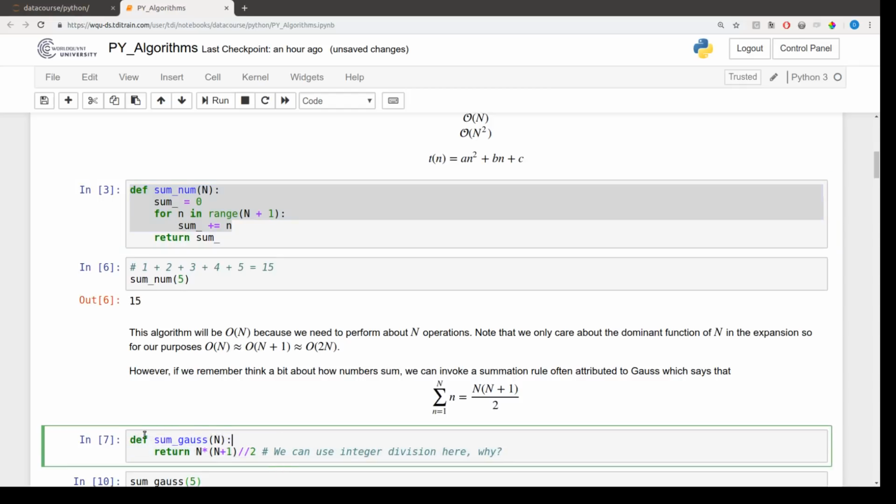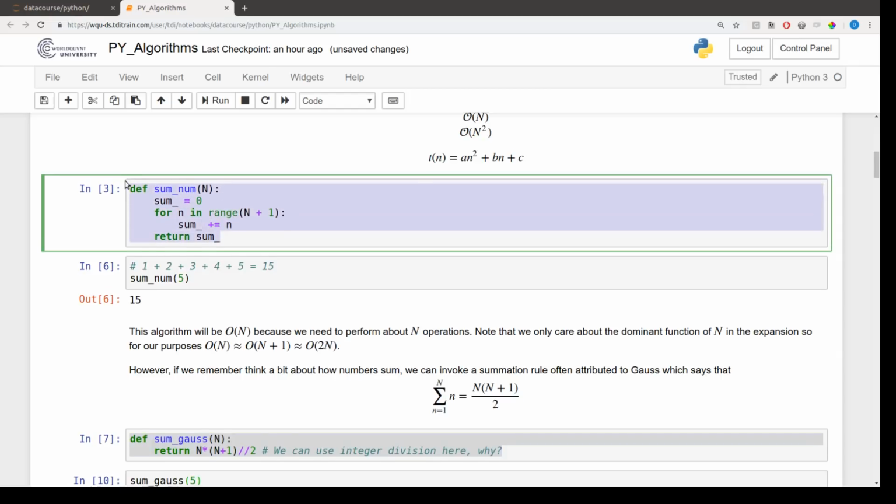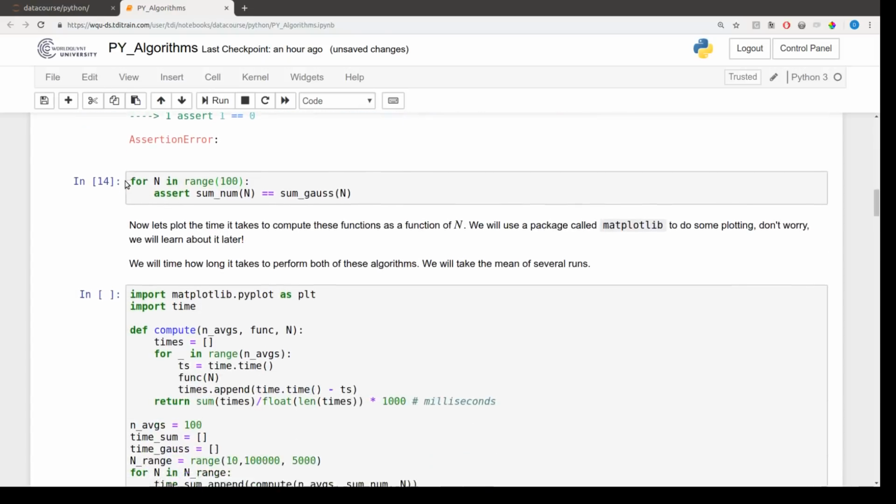If I increase n and measure those times again and again, I should see that this function takes about the same amount of time no matter how large n is, while this one gets bigger and bigger in a linear fashion.